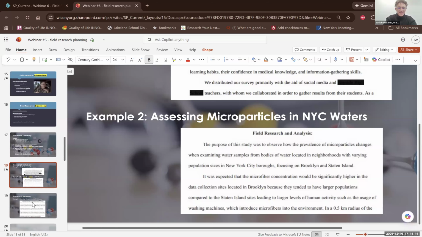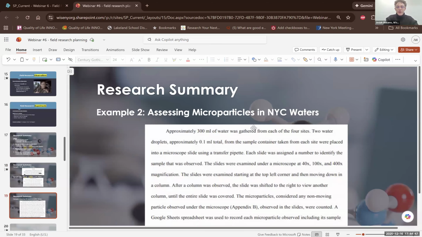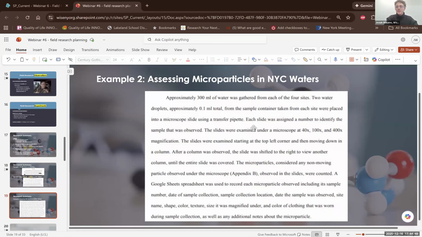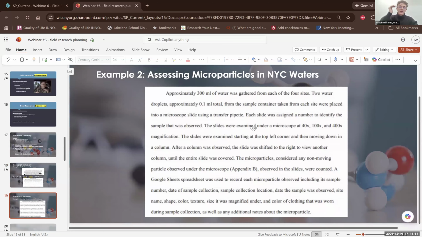And speaking of which, continuing with example two, they said, here's why we're doing this, here's our hypothesis, here's what we think. And then they went into here's what we did. Approximately 300 milliliters of water was gathered from each of the four sites. Two water droplets, approximately 0.1 milliliters total, from the sample container taken from each site were placed onto a microscope slide using a transfer pipette.